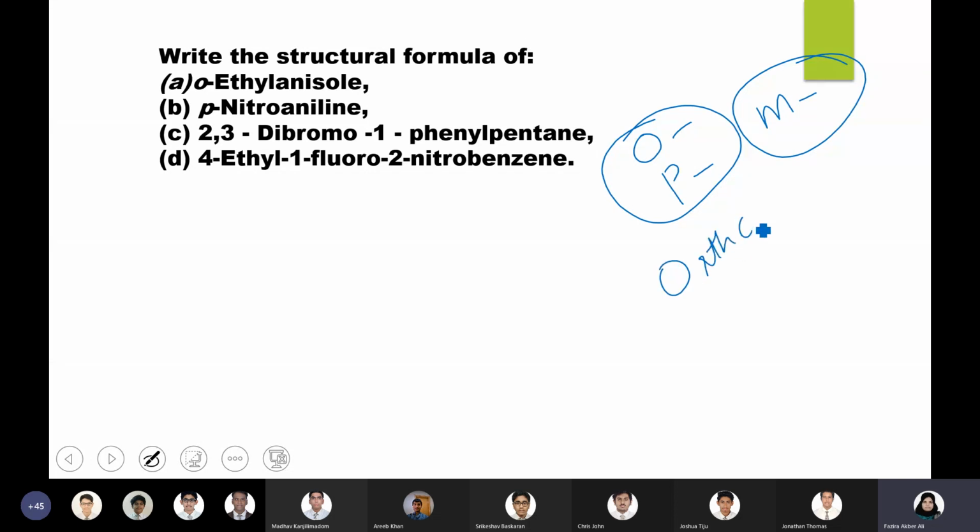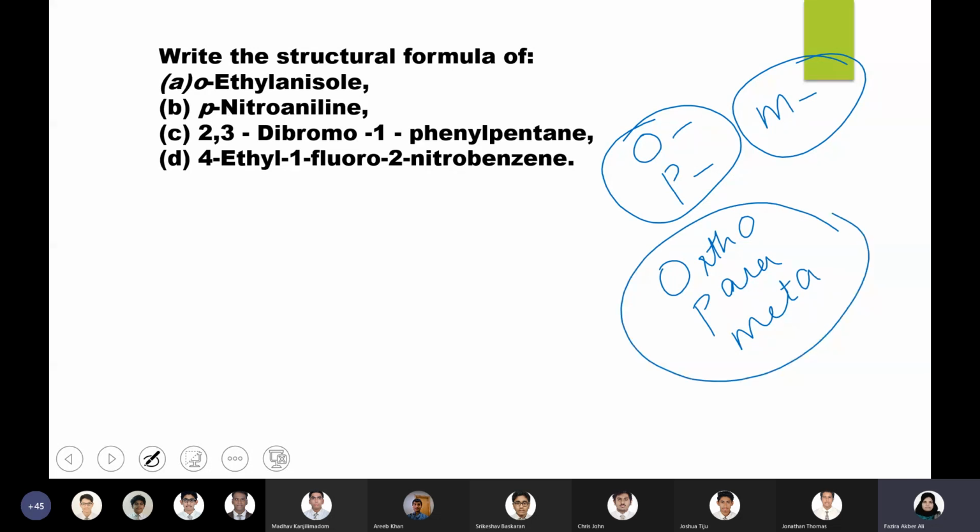These are the common numbering system, what we can say. The IUPAC system is to number the carbons to identify the position. So ortho, para, and meta are the terminology associated with the common naming system.